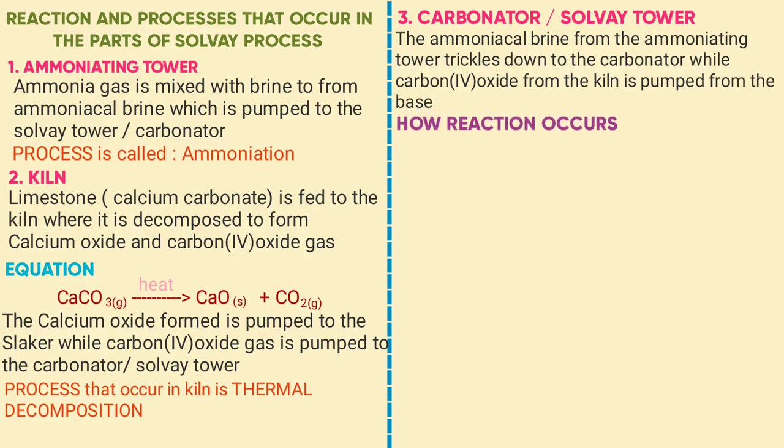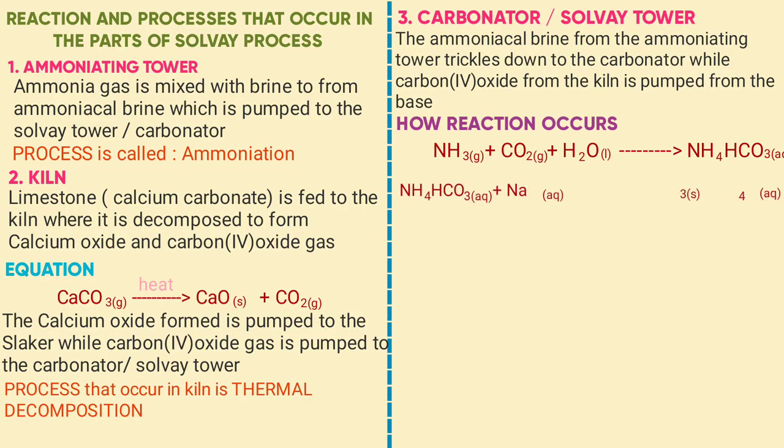The first reaction is NH3(g) + CO2(g) + H2O(l) gives you ammonium hydrogen carbonate. Then ammonium hydrogen carbonate reacts with sodium chloride, which is brine, to give you sodium hydrogen carbonate solid plus ammonium chloride aqueous.